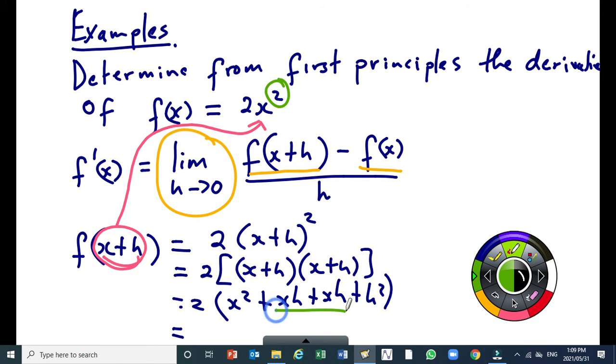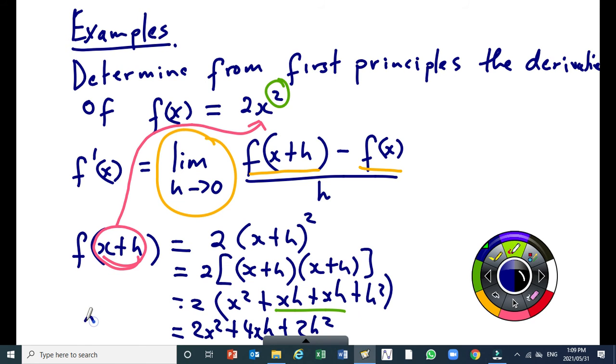And I can finally write this as, these two will give you what? 2xh. Okay? So 2 times x squared will give me 2x squared, 2 times the 2xh will give me plus 4xh, plus 2h squared.